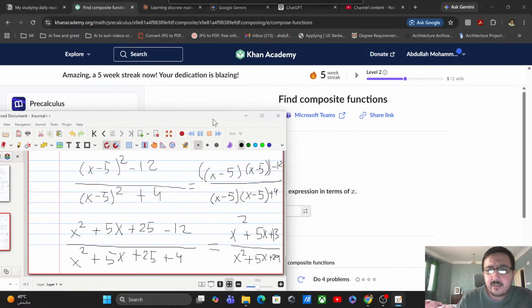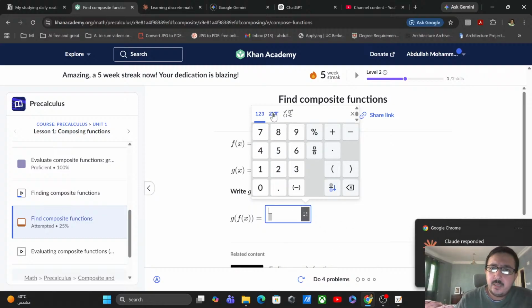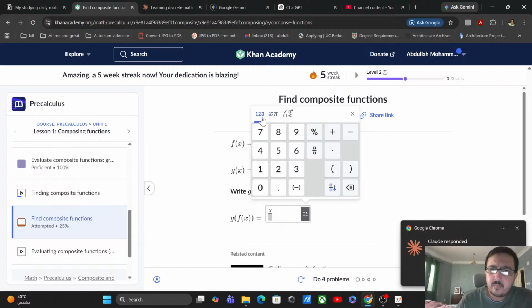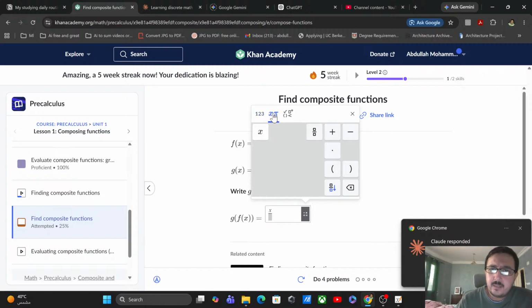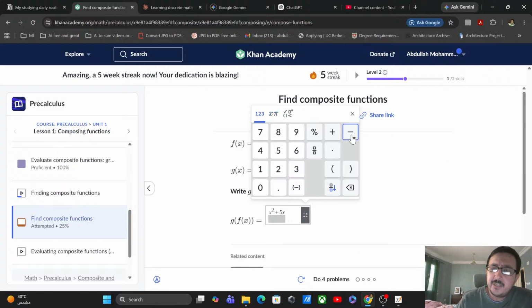We're getting x squared plus 5x plus 13.